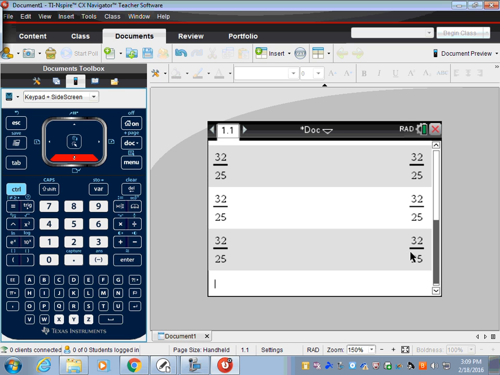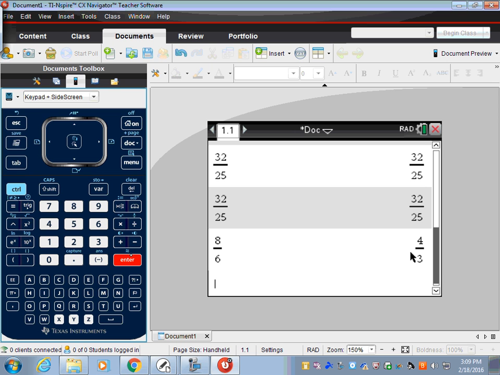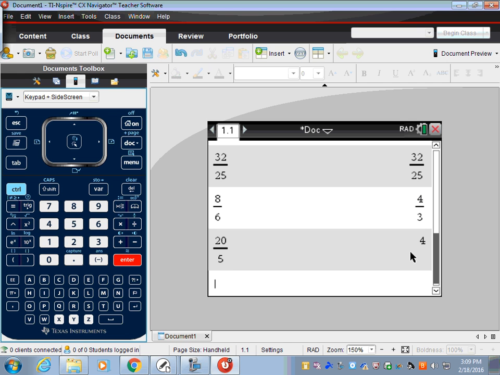Don't do that. It will do it for you. 4/3. And then got to check the other one. What's 20 over 15 reduced to? What do I notice here? Oh, I did 5. My bad. I didn't divide. Hit the button. It's 15, right?